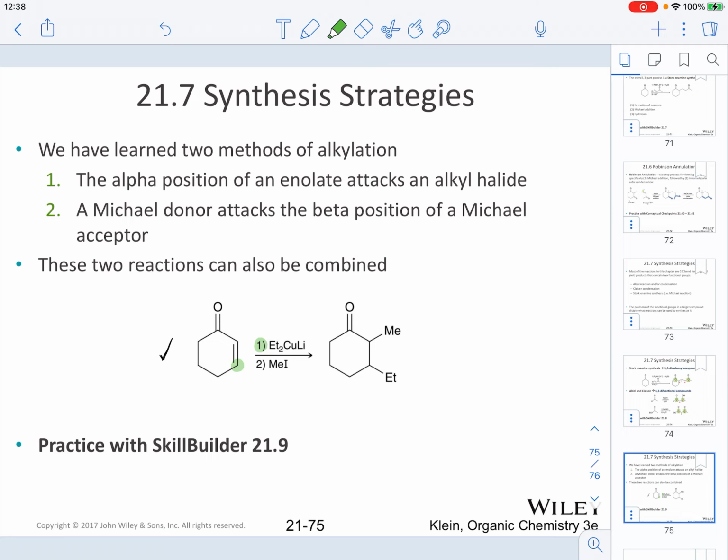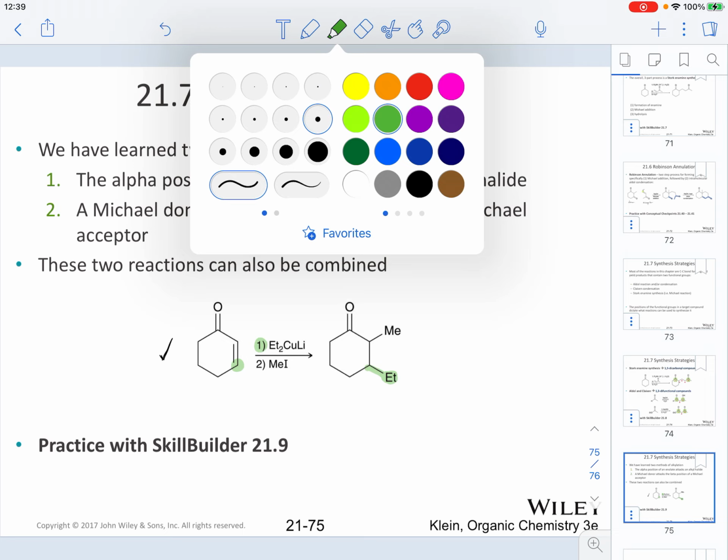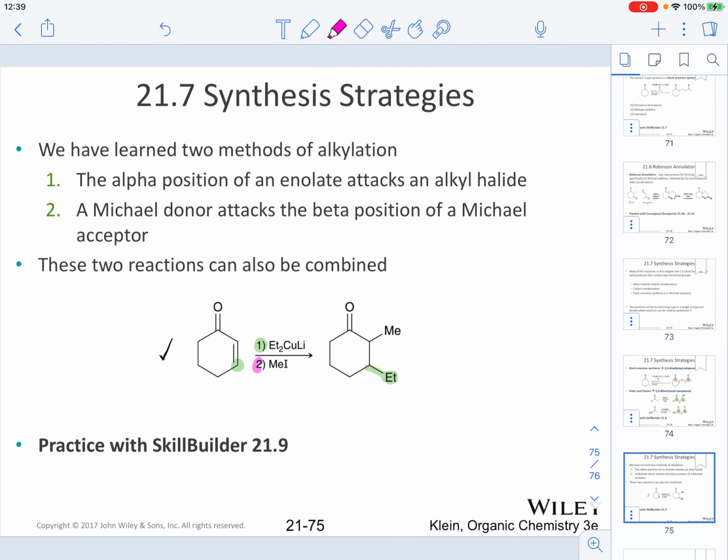That's where we see the incorporation of the ethyl group. In step 2, remember that if you don't do an acidic workup in this system, what you can do is introduce an alkyl halide and do alkylation at the alpha carbon. So this is just illustrating how these reactions can work side by side.